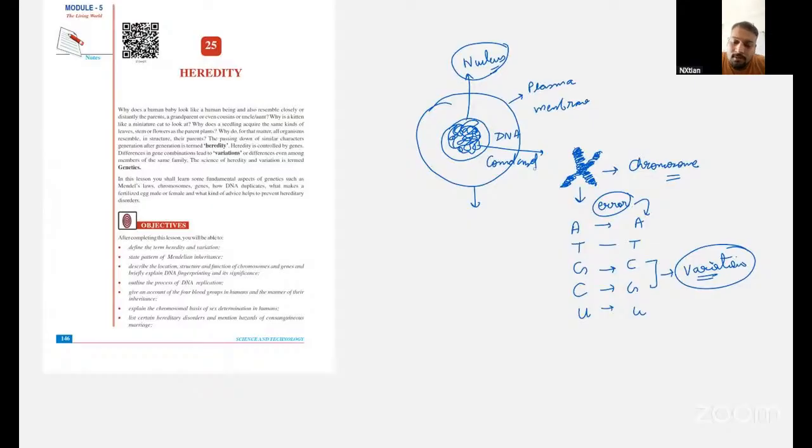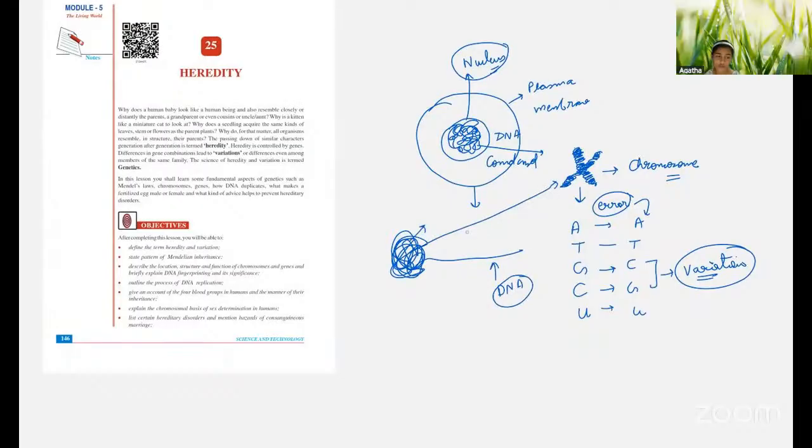Everyone got this? For example, we have the wool ball. This is basically DNA, and when it condenses itself in the form of this, it is called a chromosome. It's not a group of DNA, it's condensed DNA.